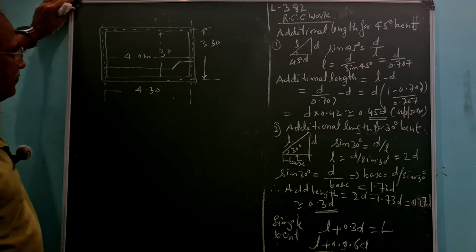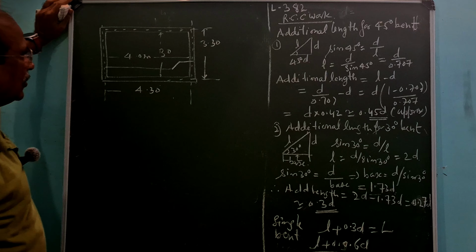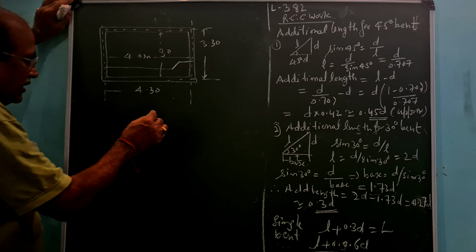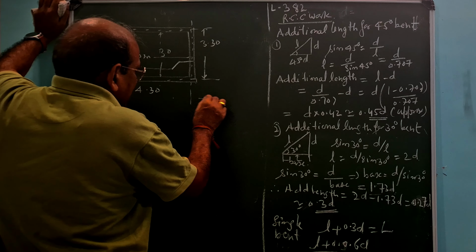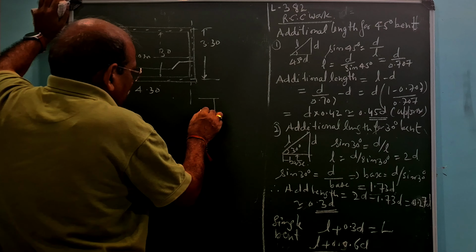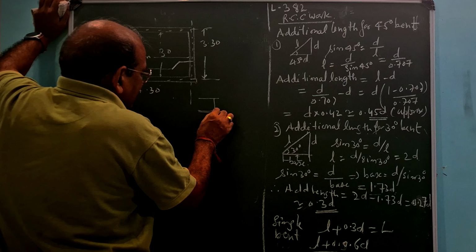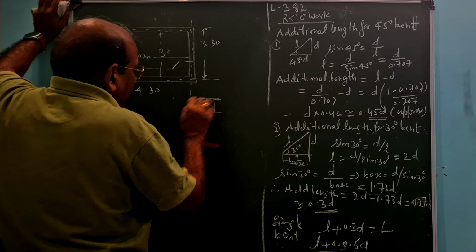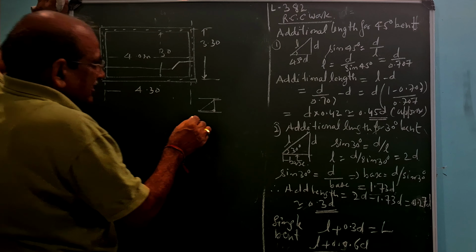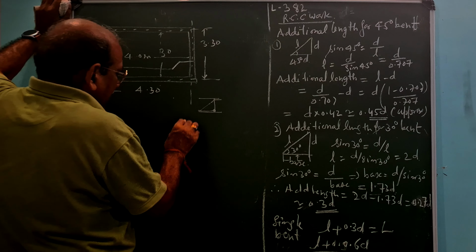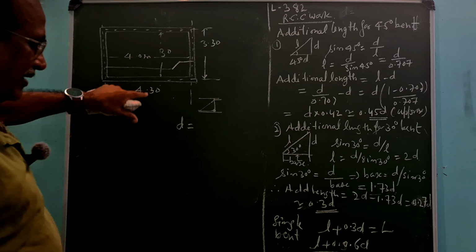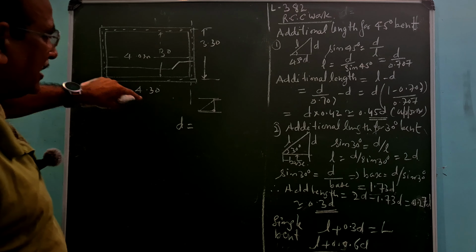Whatever the thickness of the slab, suppose the bar is here and you bend it up like this and go like this. The distance D is the depth, the difference from the top layer to the bottom layer.